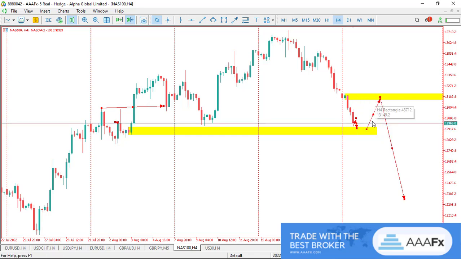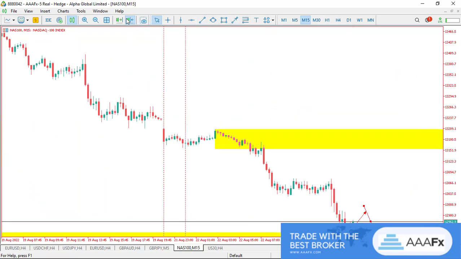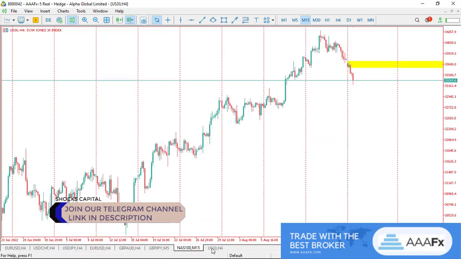If you project it like this, it doesn't help you a lot. But if you come to the M15 and actually project an M at this zone, you know what you're looking for, and you won't be swayed by any type of price action that you would not have projected prior to everything.